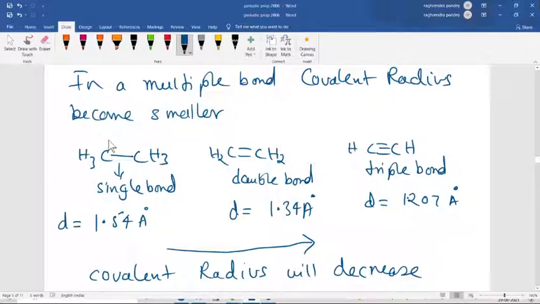One bond has some distance, two bonds pull the atoms closer, and three bonds pull the carbon atoms even closer. So due to the triple bond, the internuclear distance decreases.